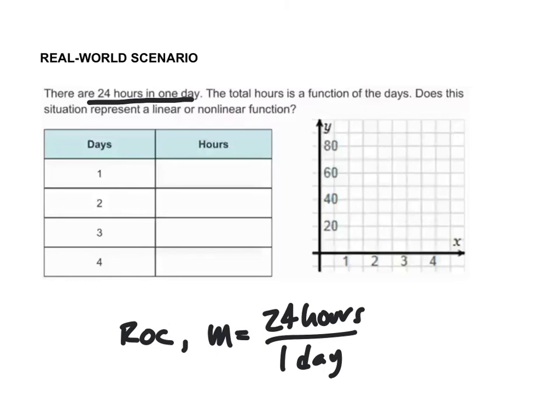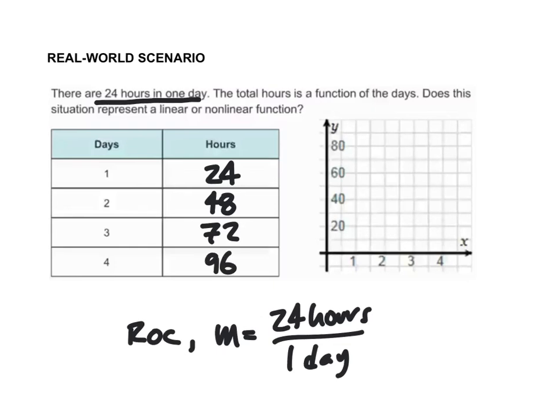So let's think about it. After one day, you've accumulated 24 hours. 2 days, you've got 48 hours, okay? After 3 days, you've got 72 hours, okay? And after 4 days, 72 plus 24 is 96 hours.